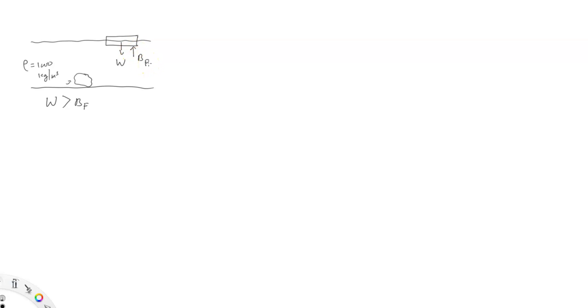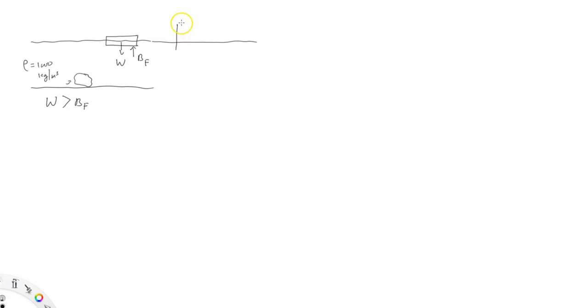It's not going to work the other way, with too much buoyant force, bigger than the weight. That's not real, right? So if something is floating, the weight is completely supported by the buoyant force. Now floating can happen at different levels. Let's do a different object.